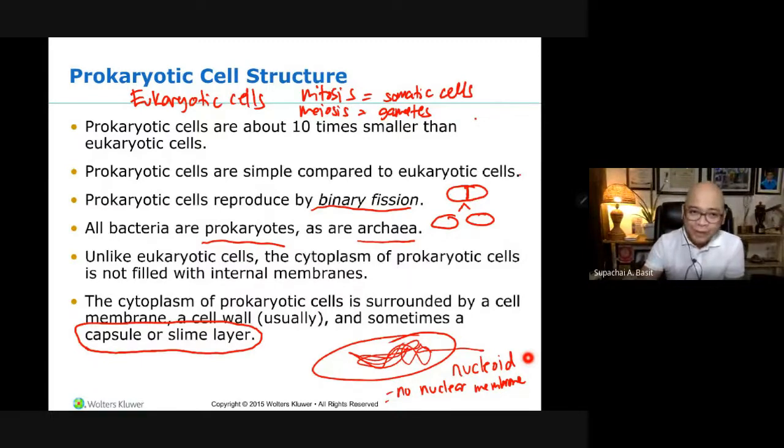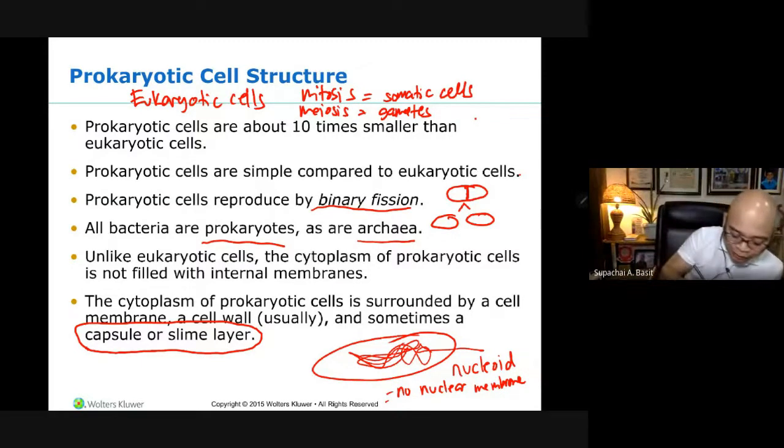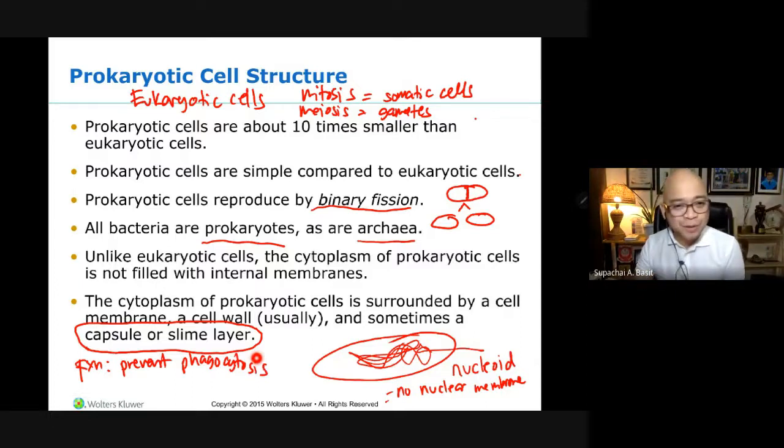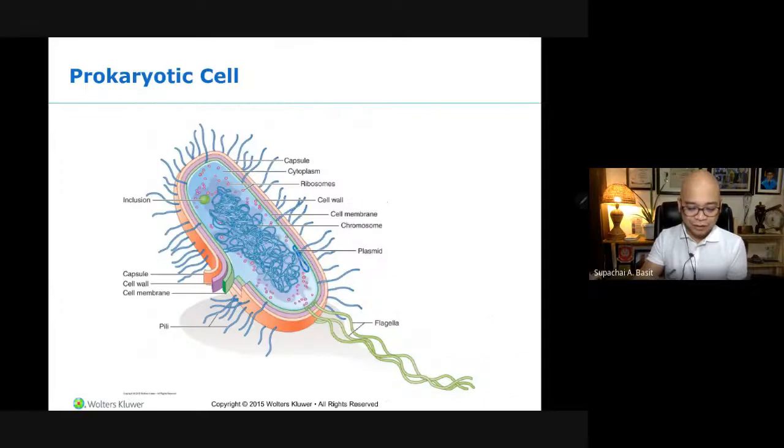But I just want to give emphasis now that the function of the capsule or slime layer is to prevent phagocytosis. So the capsule or the slime layer can prevent phagocytosis.